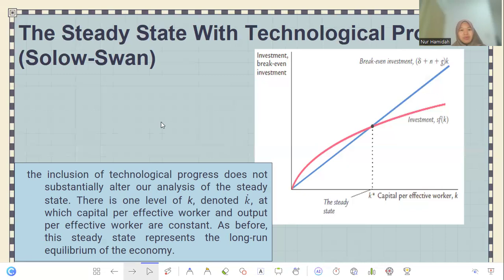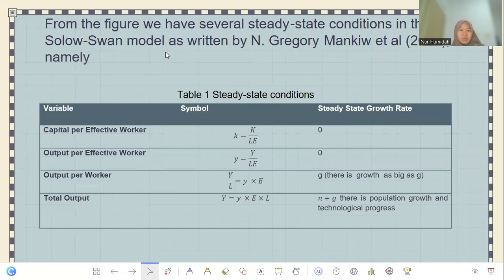So from the figure, we have several steady-state conditions in the Solow-Swan model as written by N. Gregory Mankiw et al. in 2015.